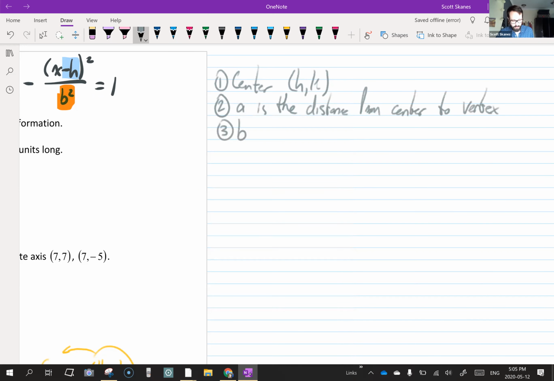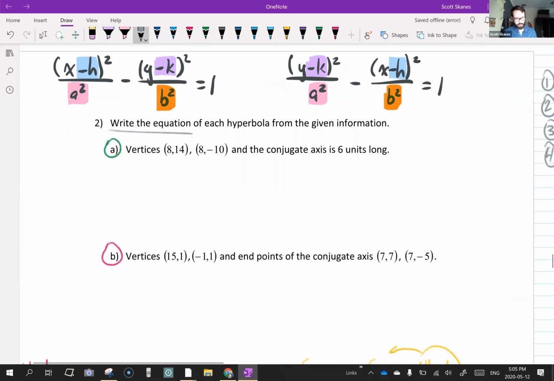We should also know that b is the distance from the center to the co-vertices, or co-vertex. And c is the distance from the center to the foci. Okay, didn't need to write all that again. So if I need that information, it's there. But let me walk you through this.